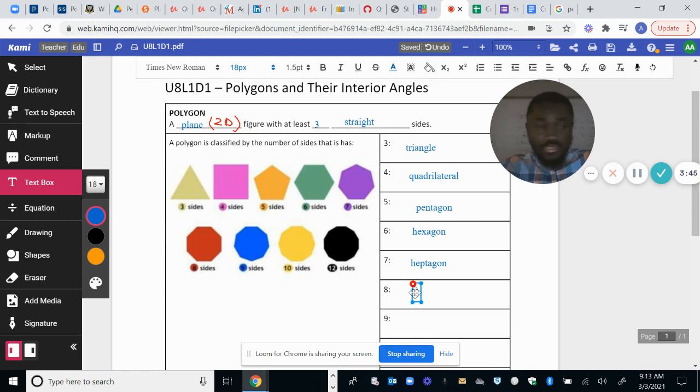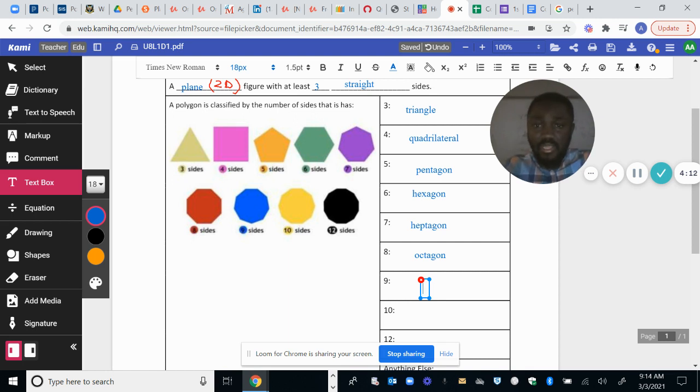The one with seven sides is called a heptagon. A six-sided one is called a hexagon. The one in red with eight sides is what we call an octagon. I've not written that.